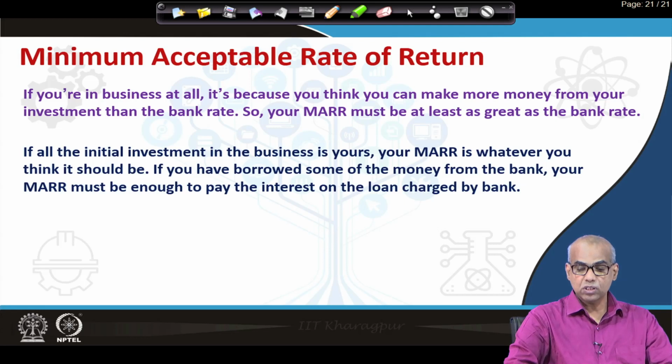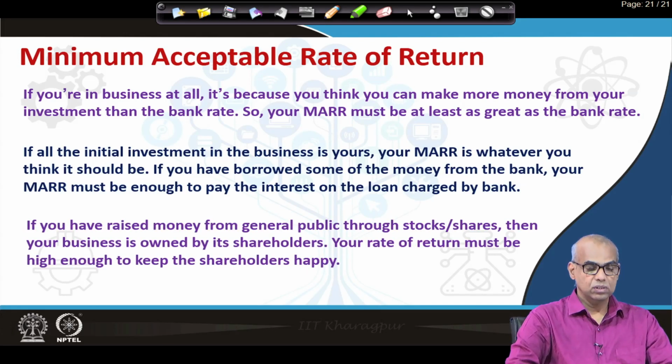But if you have borrowed some of the money from the bank, your minimum acceptable rate of return must be enough to pay the interest on the loan charged by the bank. Also, if you have raised money from the general public by release of stocks or shares, then your business is owned partly by its shareholders. So, your rate of return must be high enough to keep your shareholders happy.